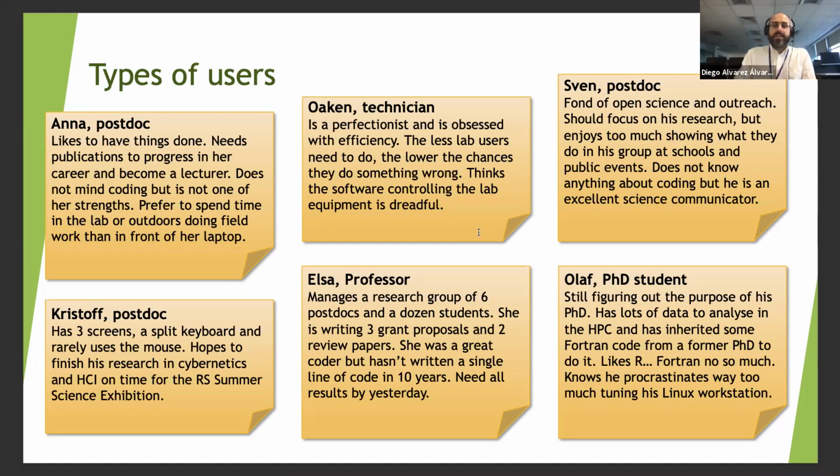We have the professor, Elsa, who essentially has negative time, so she needs things done for yesterday. PhD students, another postdoc more related to outreach, a technician. All of them use software all the time for different purposes. They will want different things from the software.